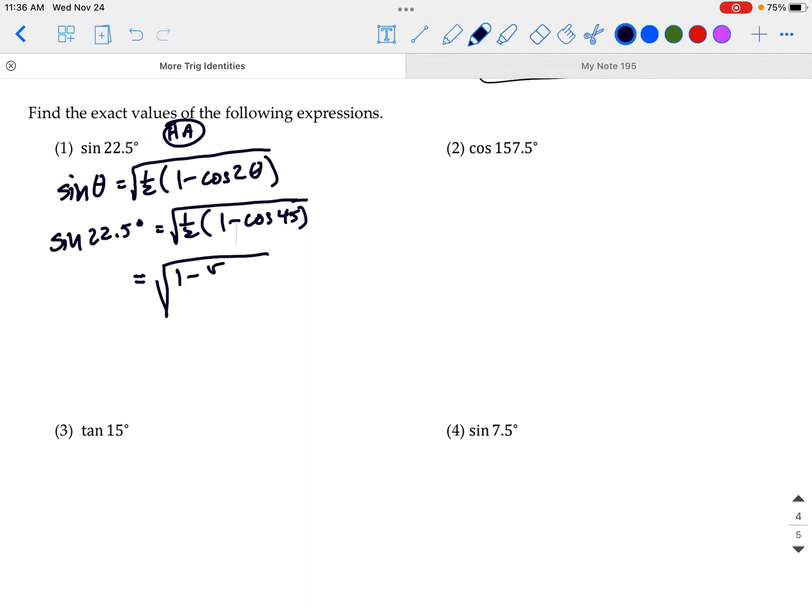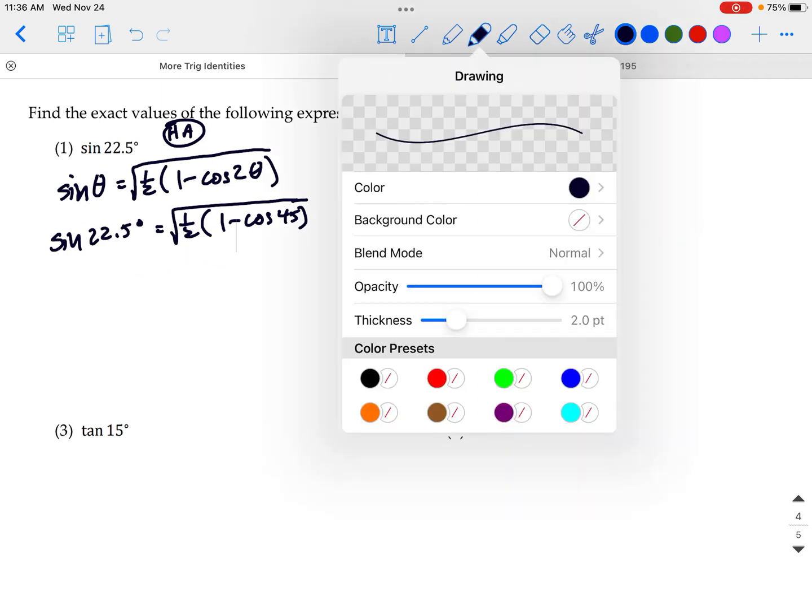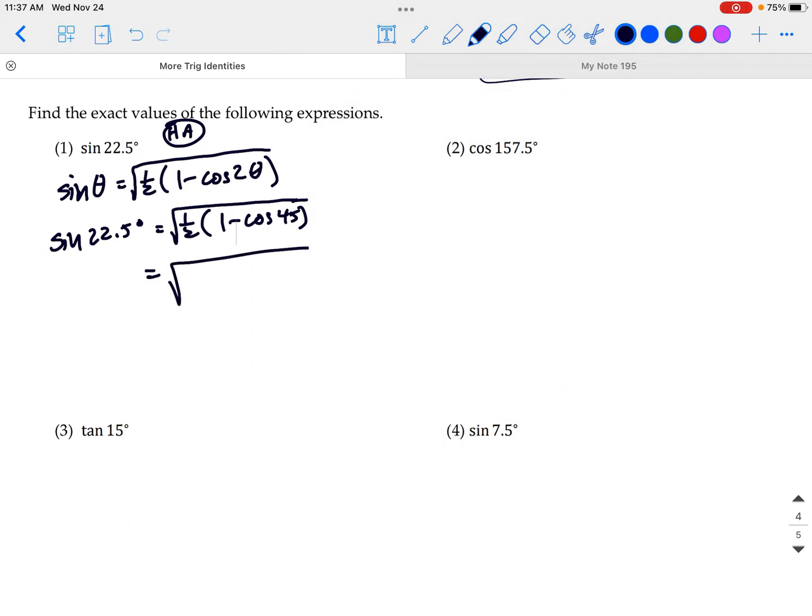So we're going to get the square root of 1 minus radical 2 over 2. Maybe we'll use that 1/2 in front, actually. So what are we going to get?